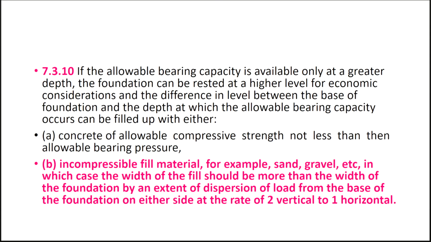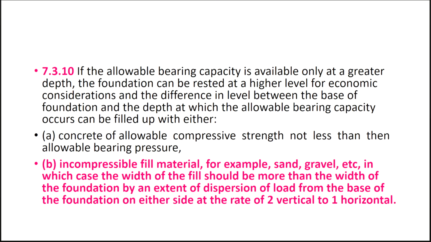Now what he is trying to tell is that, again I don't have that particular blackboard to explain you, see what he is saying. Suppose it's at a greater depth, then whatever the width of the fill is there, it should be more than the width of the foundation. Suppose the width of foundation is 2 meters, with a dispersion of 2 vertical to 1 horizontal, suppose it comes to 4 meters at that particular depth.